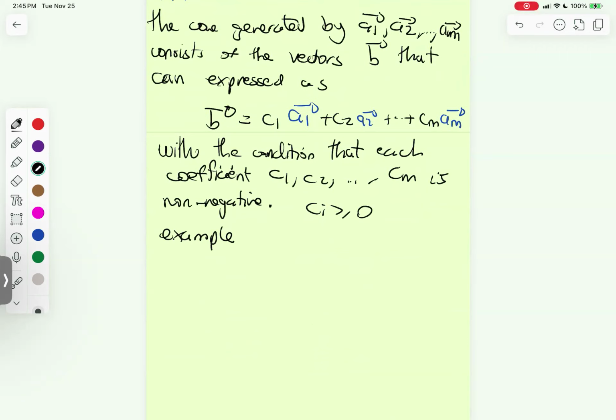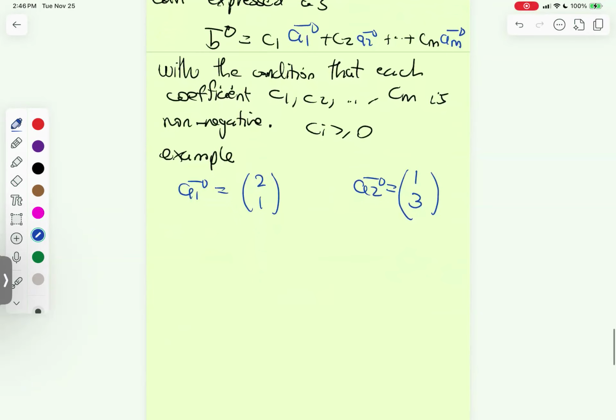Let's say one of the vectors is 2, 1, and the other vector is 1, 3.